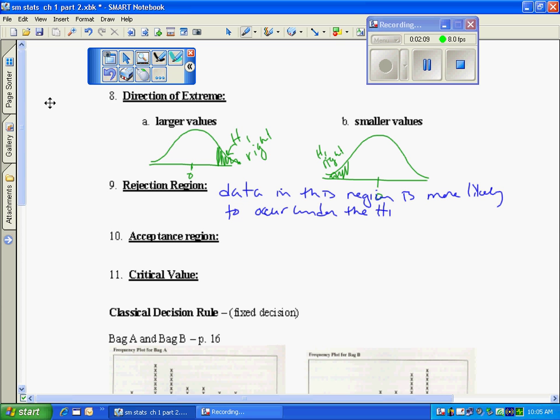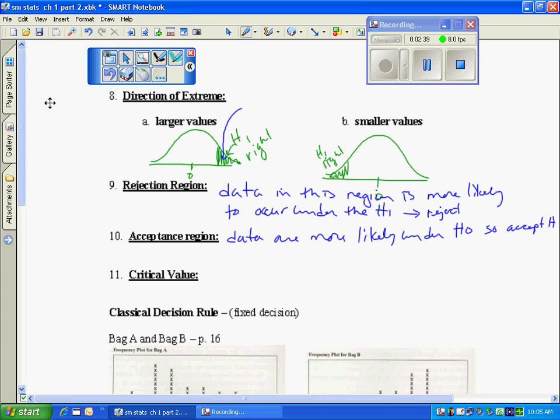So in other words, if my data lands in this region, I'm going to reject. The acceptance region is the other area. In here, the data that I collect, or the values, are more likely under the null. Therefore, I accept the null.